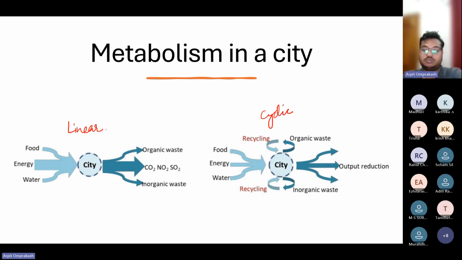Then reusing or recycling inorganic waste, for example, recycling plastic, recycling metal things that are not being used anymore, and so on. In this way, we reduce the output that is coming out of the city. Right.